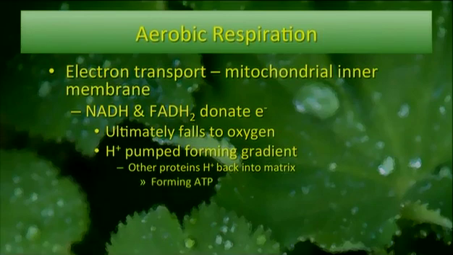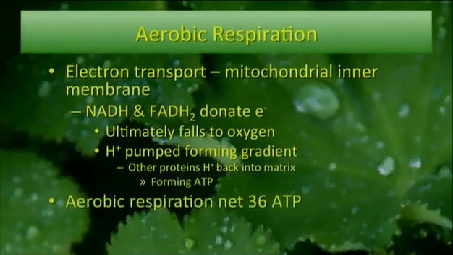So you have 2 ATP from glycolysis, 2 ATP from the Krebs cycle, and 32 ATP from electron transport. So generally, on average, the net ATP yield for aerobic respiration is 36 ATP.